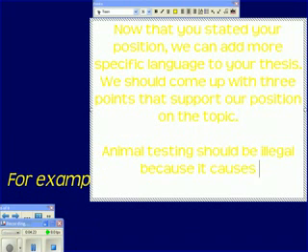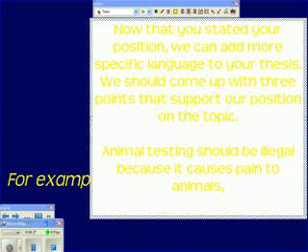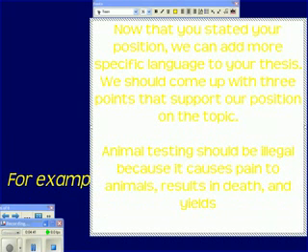it causes pain to animals, results in death, and yields unreliable results.